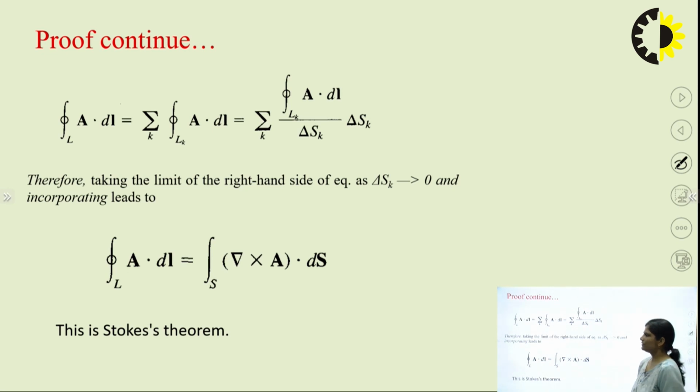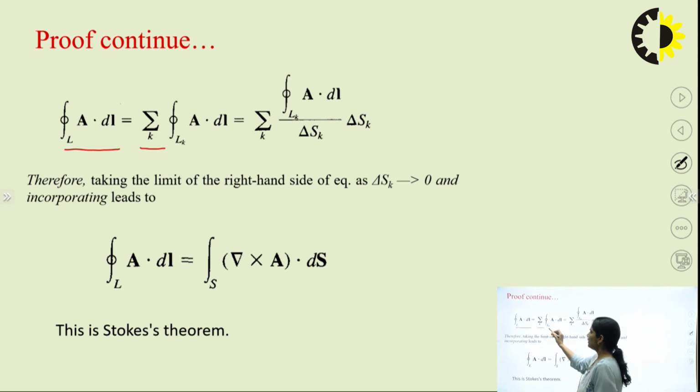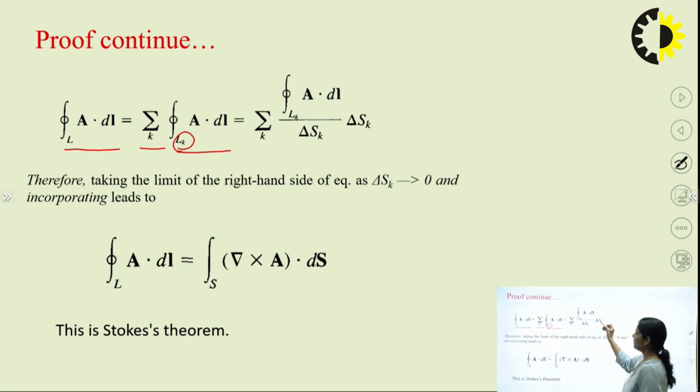Now on the left hand side, the closed line integral of A dot dl is equal to the summation over k of the line integrals when we divide it into a large number of cells, represented as the summation of the closed line integral over Lk of A dot dl. Now multiply in numerator and denominator by delta Sk.